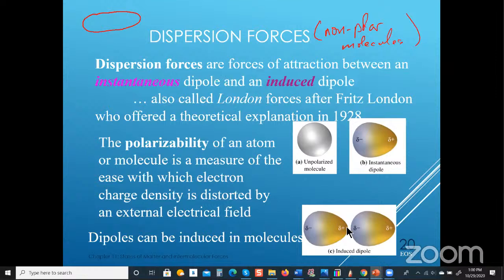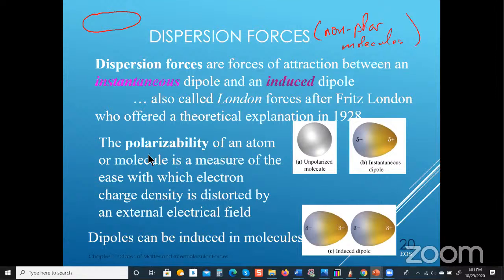So that's basically what we mean by dispersion forces. Dispersion forces are the attraction that exists between a dipole that is formed instantaneously and one that is induced on the next molecule to it. As a result of that, there will be an attractive force between these molecules. And therefore, these molecules will be held together, especially in a liquid state, if the temperature is low enough. Now it turns out that the tendency for an instantaneous dipole to be formed is a function of a couple of things, not the least of which is what we call the polarizability of an atom.